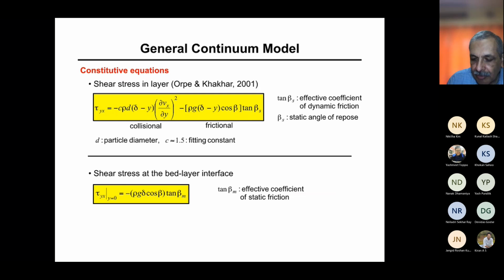So tan beta s or mu s is the coefficient of friction here. Whereas if you look inside the bed, you have just pressure times the coefficient of friction. So these are the two stresses.